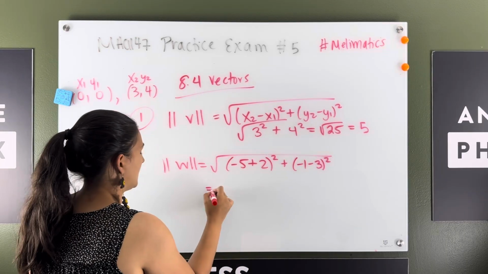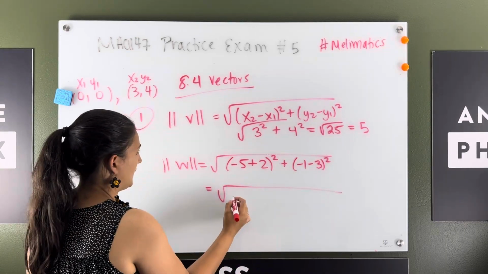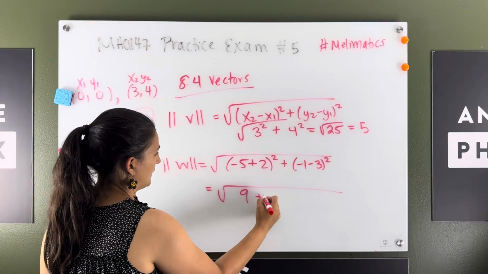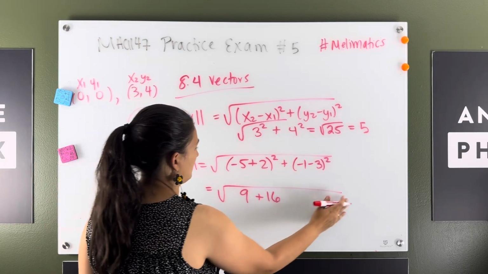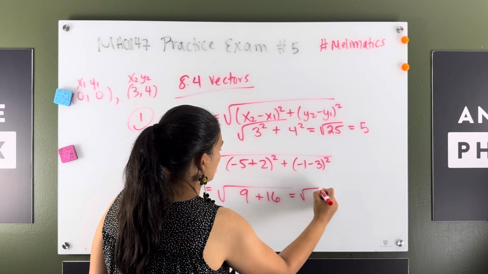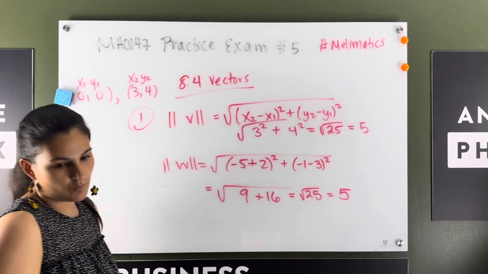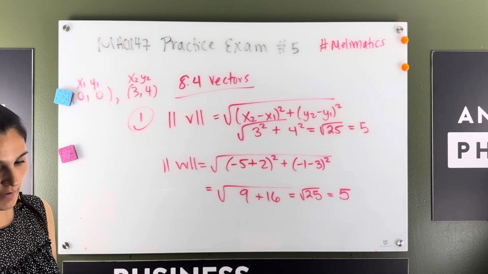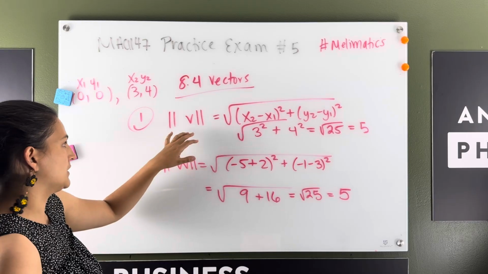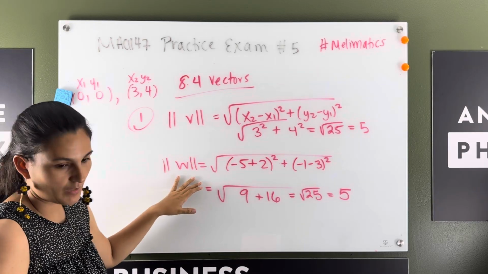Okay, so that's negative 3 squared, which is 9, and then negative 4 squared, which is 16. Okay, so you're getting the same magnitude for these vectors. So for part A, they're both 5. Again, the notation is these double lines for magnitude.